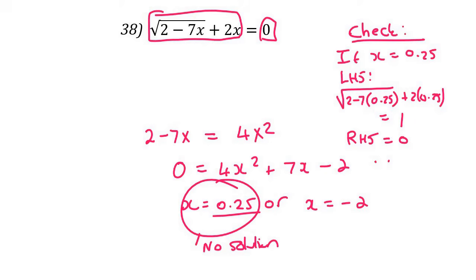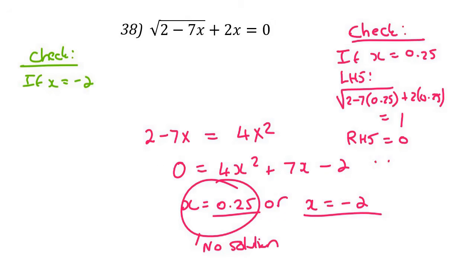Okay, now we need to go and check this one. So I'm going to do that in a different color. So let's go do a little check over here, and we say if x equals negative 2. So now we're going to go left-hand side. And so that's going to give us the square root of 2 minus 7 times negative 2, and then plus 2 times negative 2.